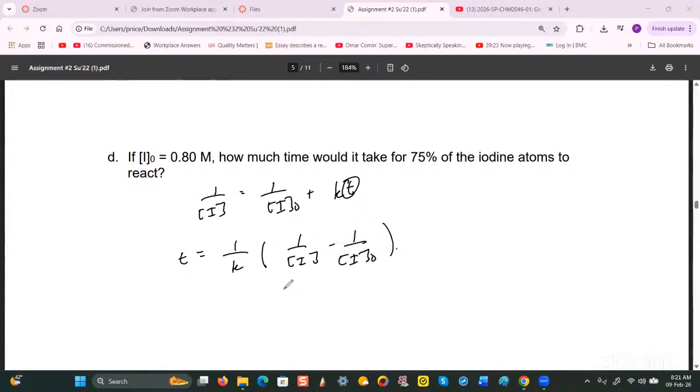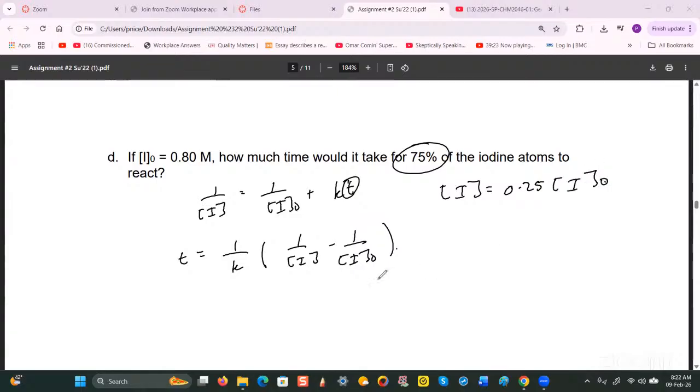So the question now is, what is the concentration of I at the time the question is asking for? The key is right here. It says it would take 75% of the iodine to react. That means the concentration of I would be equal to 25% of the initial concentration of iodine, so 0.25 times the initial concentration of iodine.